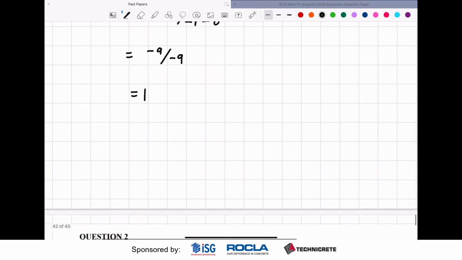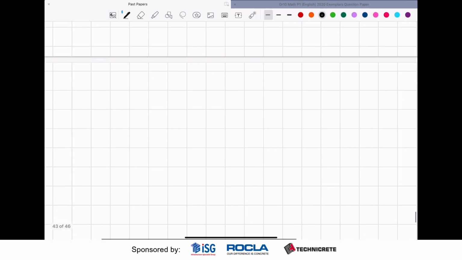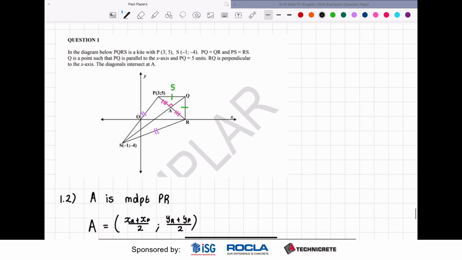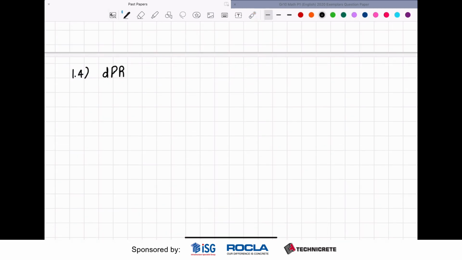The next, 1.4, I'm asked to determine the length of PR, so that's just the distance PR, and I already have the coordinates for P, and we found out the coordinates for R. So this is just going to be applying the distance formula.